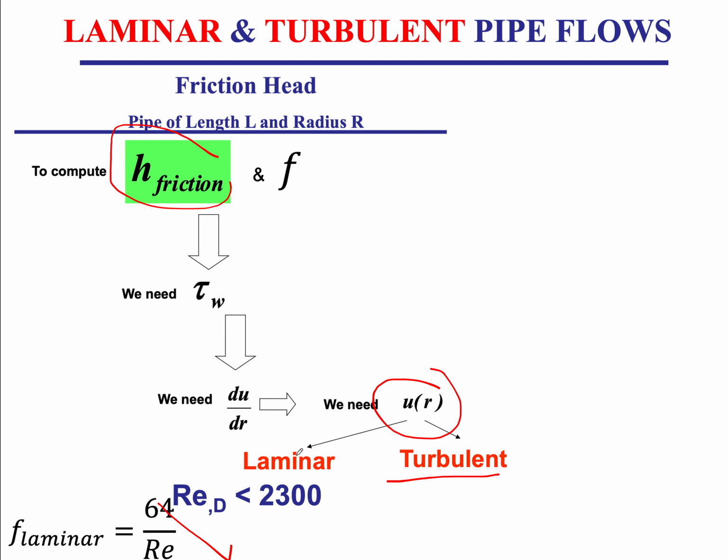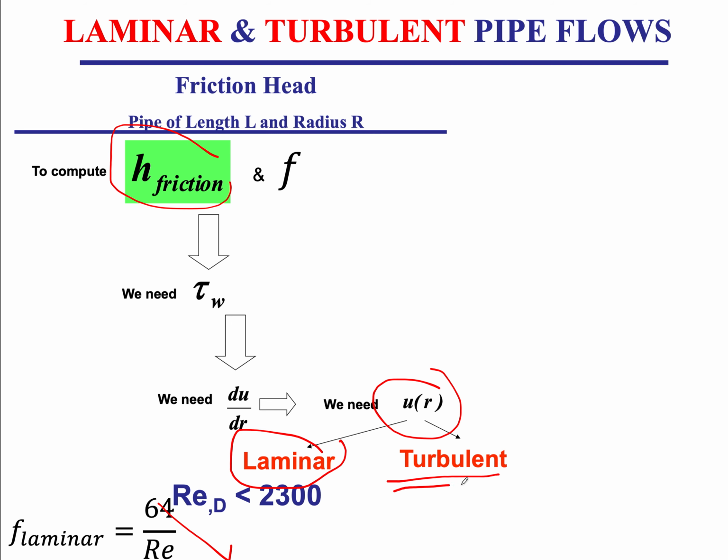How did we find the velocity distribution for a laminar flow? Exactly, we found it from the solution of the Navier-Stokes equation under the simplifying assumptions of it being unidirectional and axisymmetric and fully developed, and all these assumptions that we have made, which in other words say that the flow is laminar.